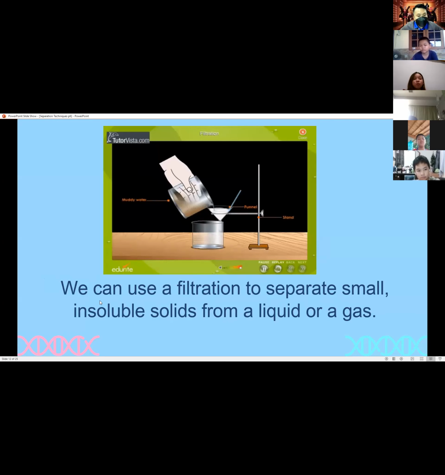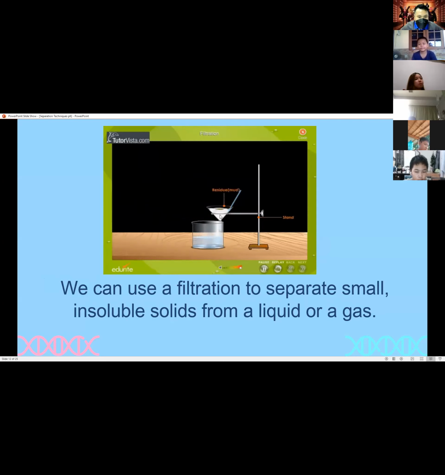Next, we can use filtration to separate small insoluble solids from a liquid or gas. So this one is like muddy water. For the muddy water, we have the filter here, the funnel, and then we have the stand.